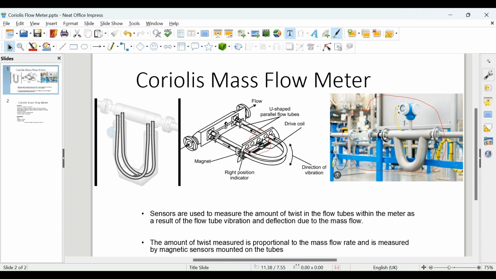But if honey is moving, which is very dense compared to water, the amount of vibration or deflection of the tube will be much less. So based on that, the Coriolis meters also supply independent density measurements. And it usually has an inbuilt temperature sensor.